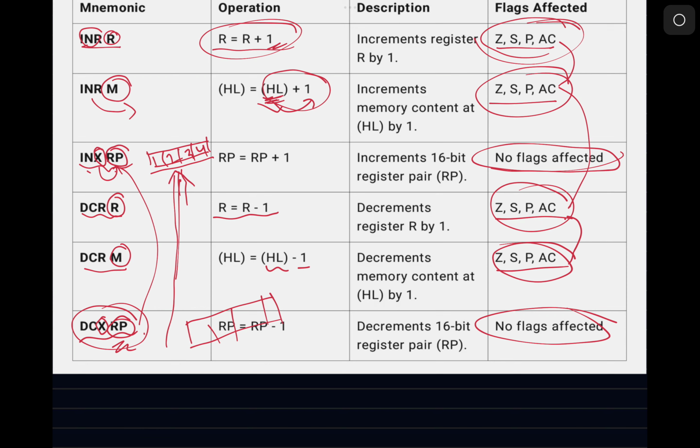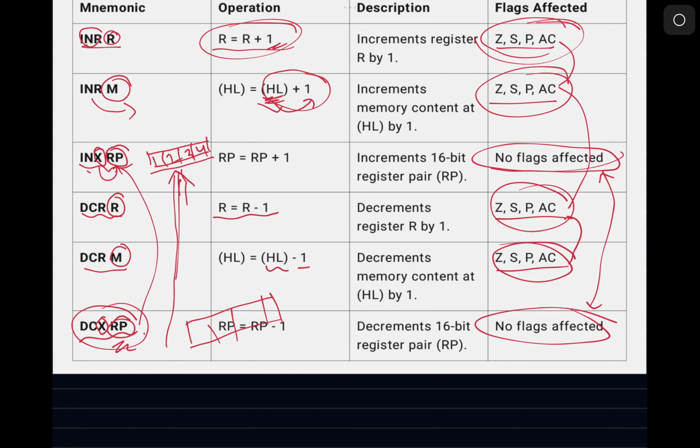So these 16-bit numbers are not used for any kind of operations which involve data, they are exclusively used for addresses. So we don't need any flags to be affected.